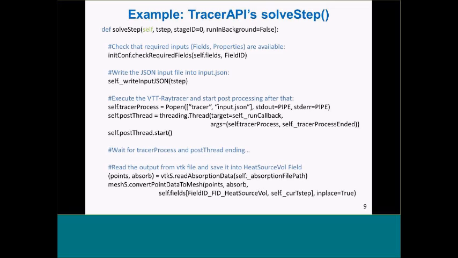This is done in a different function, but here just the call is shown. Then we write an input file for the ray tracer, which is in JSON format. And after that, we prepare for running the tracer outside of Python using the subprocess module of Python.